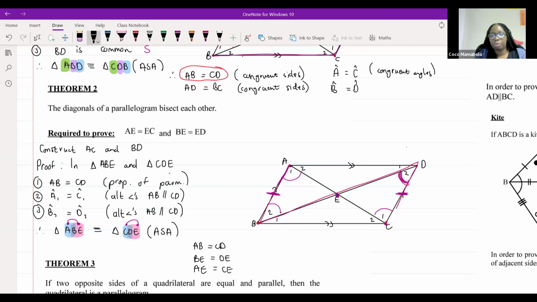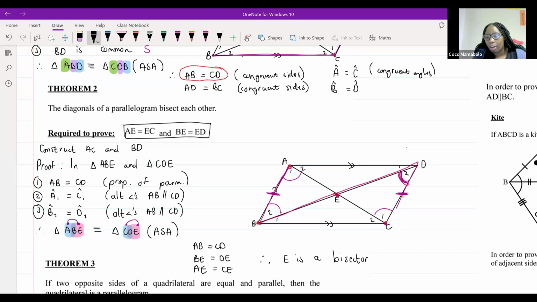And because we've proven it, that's what we were required to prove. Do you see how we proved it there? Therefore, that means that E is a bisector. Because AE is equal to EC, and because BE is equal to ED, that middle point E cut both of those lines in half, which means it is a bisector.